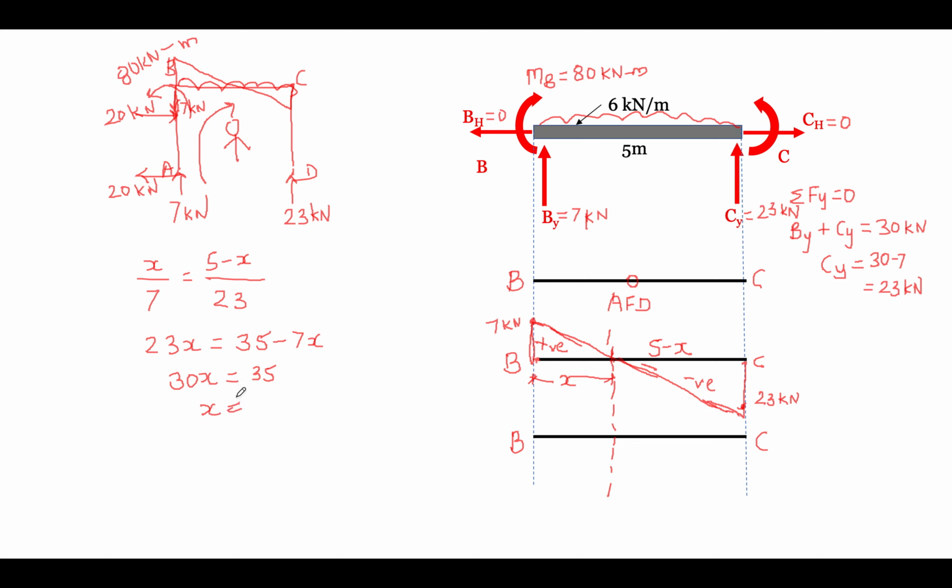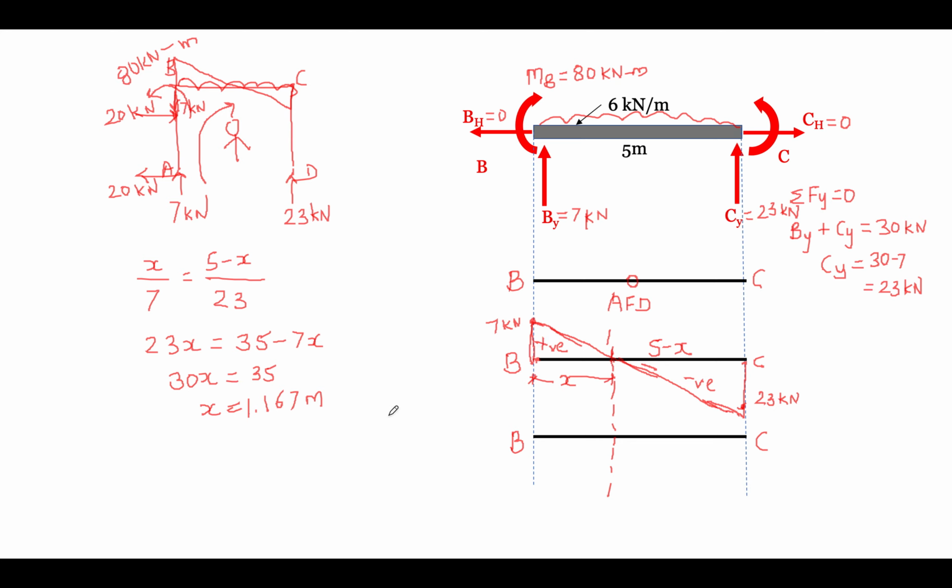So x is nothing but 35 divided by 30, that is 1.167. So our x value is 1.167 meter.